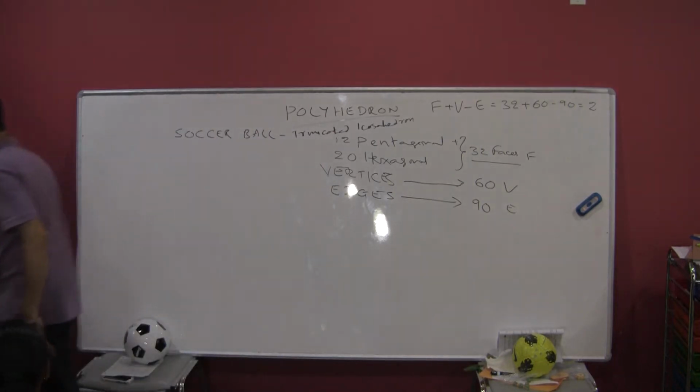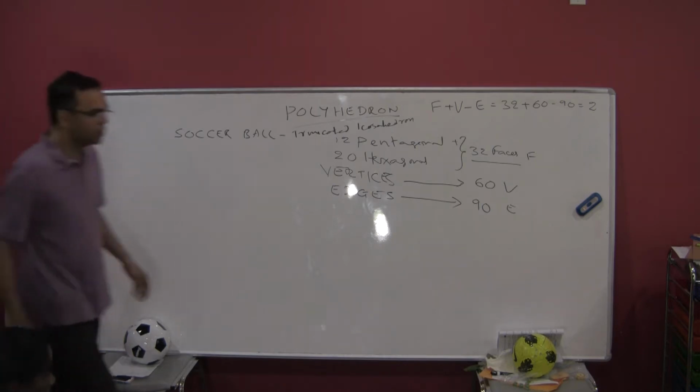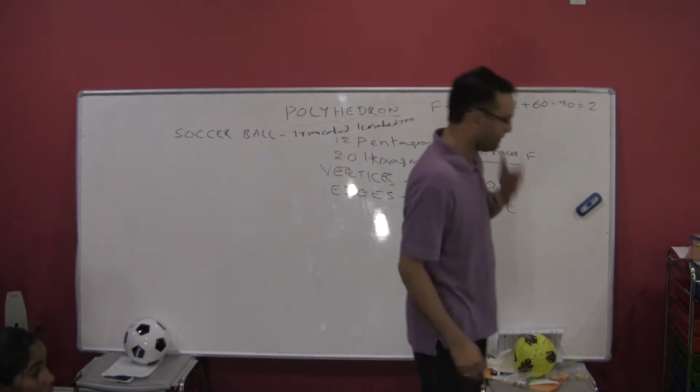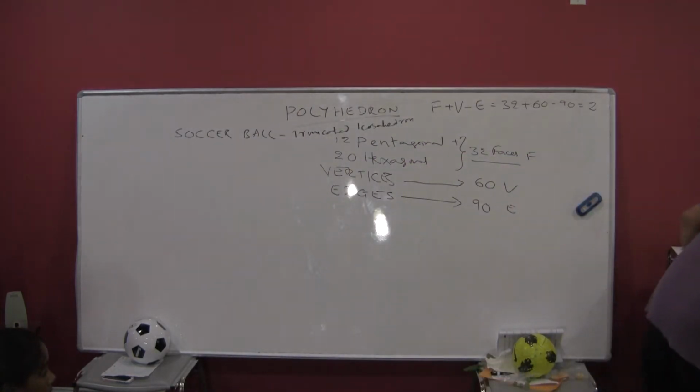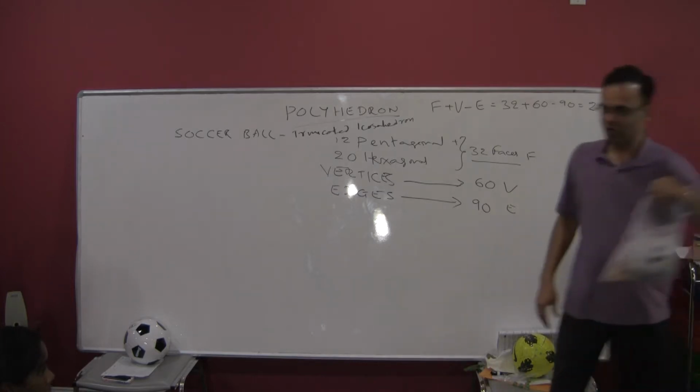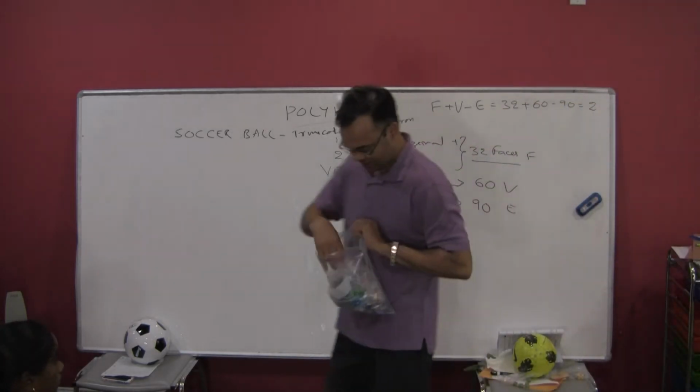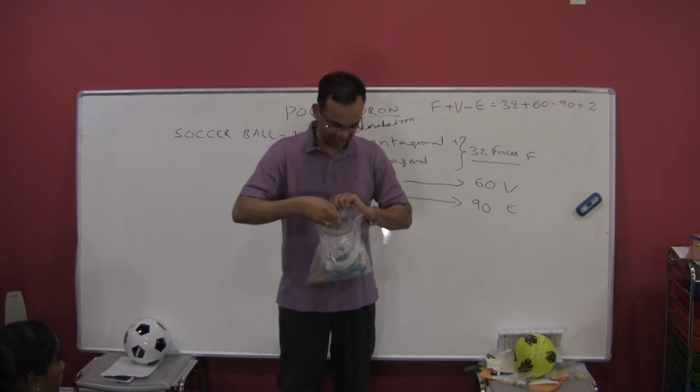I will give you one set of, where's my box? I will give, here it is. So I will give you one set of dice for each of you.